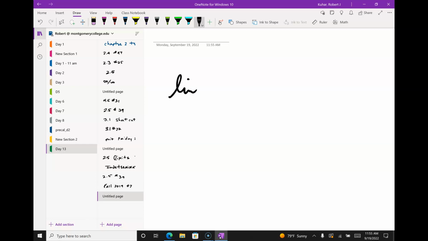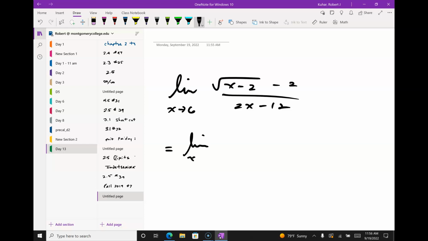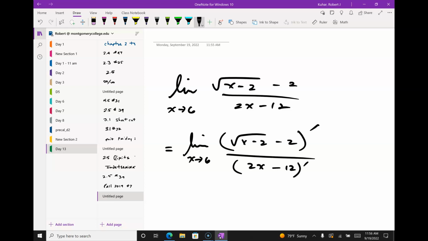The limit as x goes to 6 of the square root of x minus 2 over 2x minus 12. So I'm claiming I get 0 over 0 here, right? I think you agree. So I'm going to do L'Hopital's rule here. I'm going to take the derivative of the square root of x minus 2, and then the derivative of the downstairs, 2x minus 12.